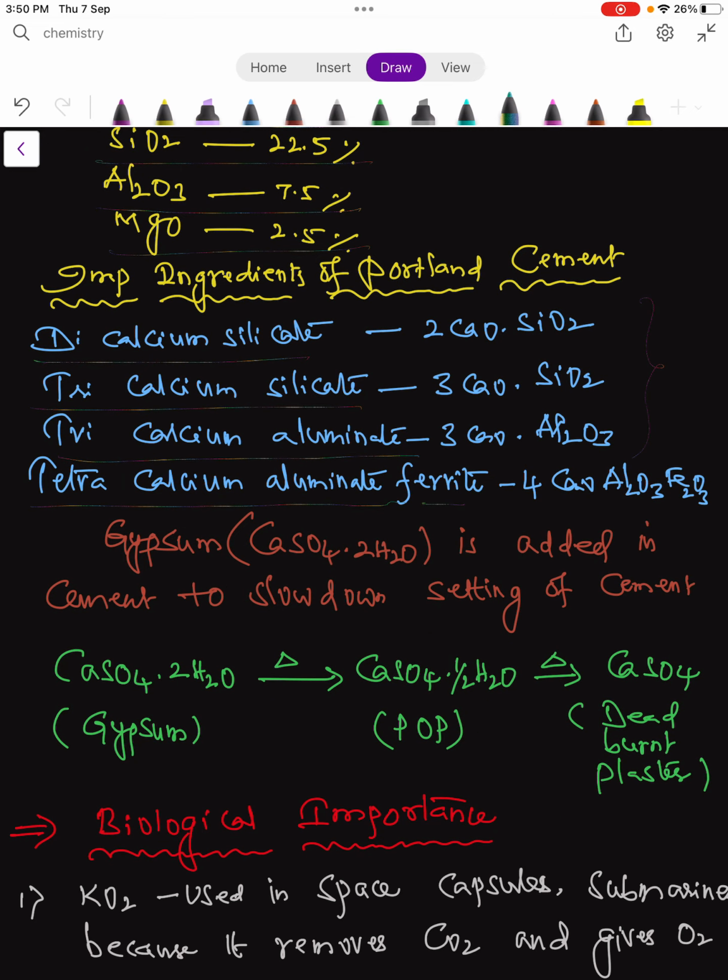Gypsum is added to cement to slow down the setting of cement. That is the importance of gypsum. CaSO4·2H2O on heating loses water molecules and gives CaSO4·½H2O, plaster of Paris, and further heating gives dead burnt plaster.